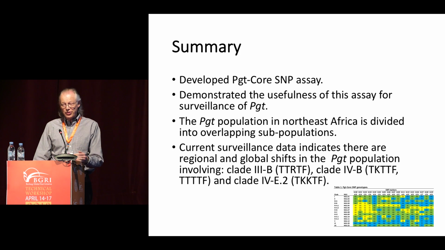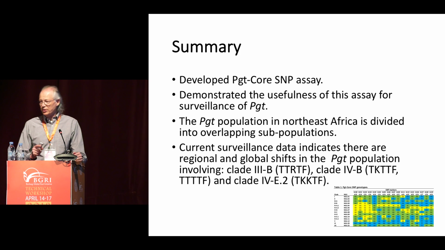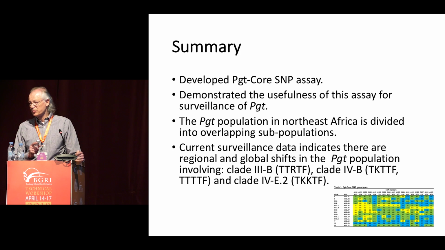The intriguing thing that came out of this is that the PGT population in Northeast Africa is subdivided into regions. What's happening in Eritrea, in Ethiopia, and in Kenya are all different. They are overlapping populations, and you see movement of genotypes and races between those groups, but they are acting and behaving very, very differently. And the question is why?